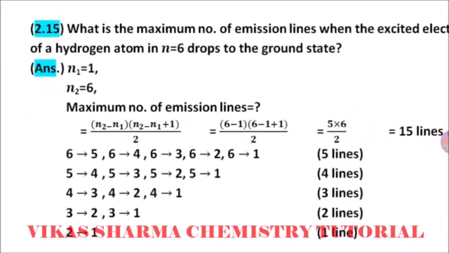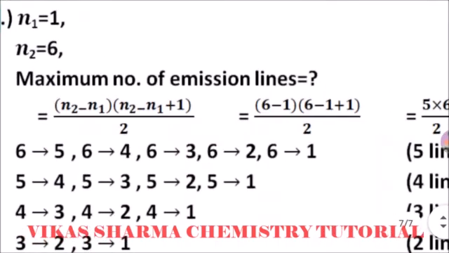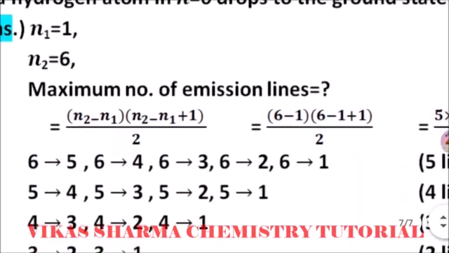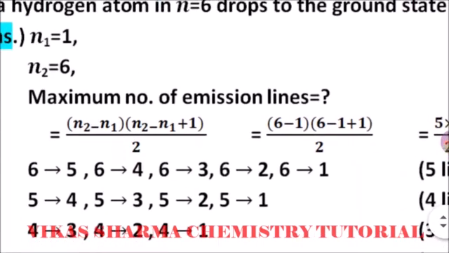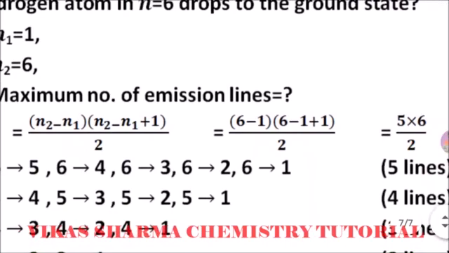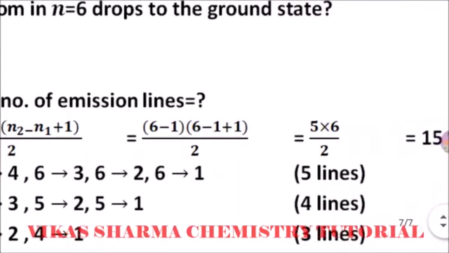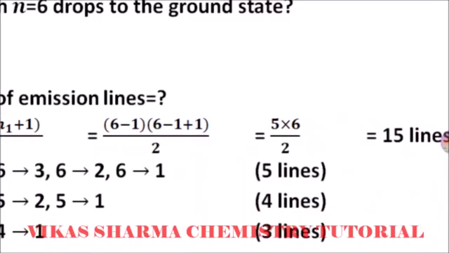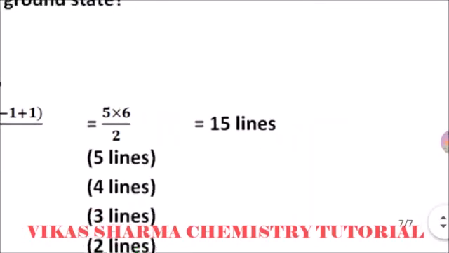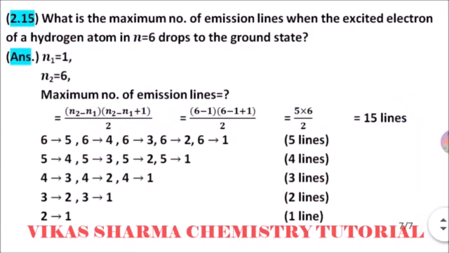So the maximum number of emission lines is equal to n2 minus n1, times n2 minus n1 plus 1, divided by 2. So the n2 value is 6, so 6 minus 1, times 6 minus 1 plus 1, equals 5 multiplied by 6 divided by 2. So 15 lines are shown by the electron.